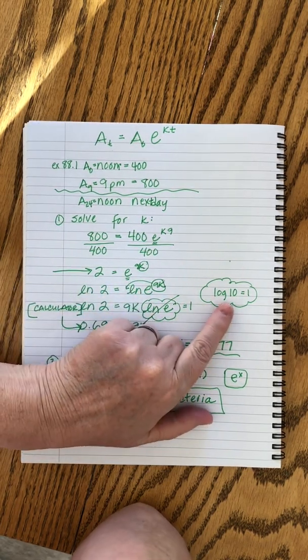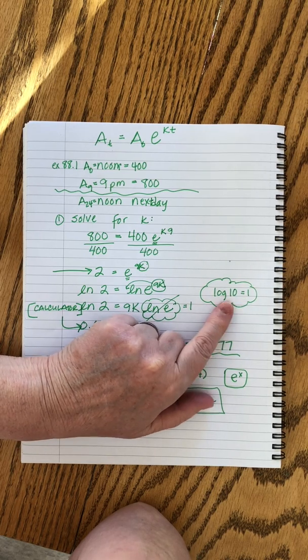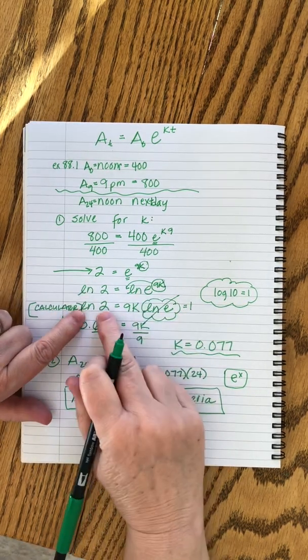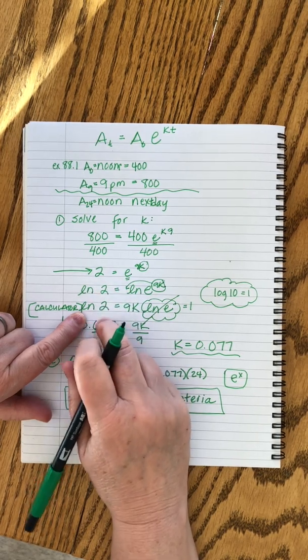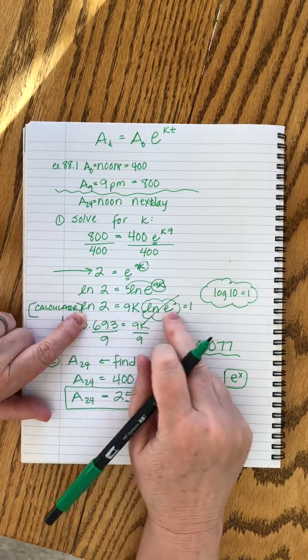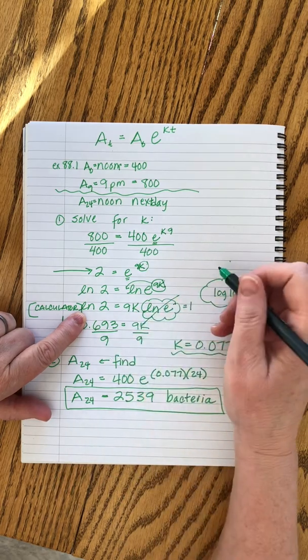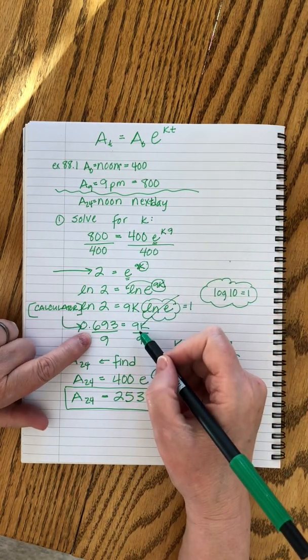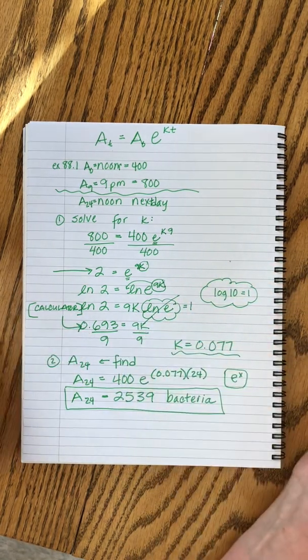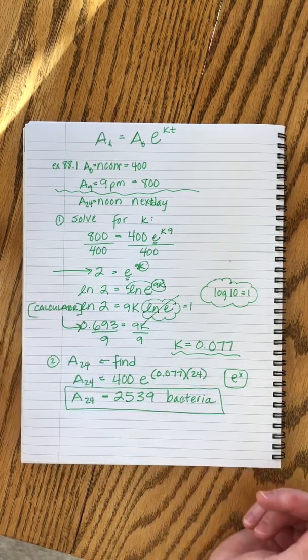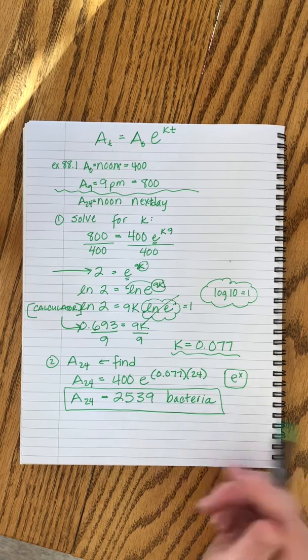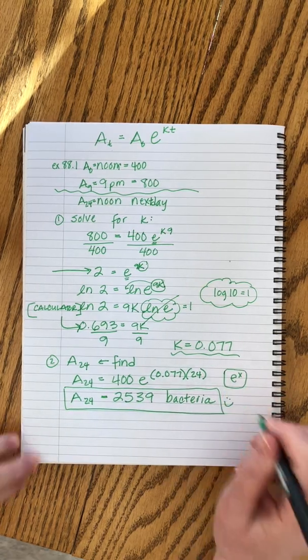If it would have been a base of 10, we would have used the common log of both sides. We used a calculator to find the value of the natural log of 2. We took this identity and simplified, and then we just used basic algebra to solve for k. And then we plugged in over here, and we used our calculators to simplify that. Yay, that's our answer, and it's correct.